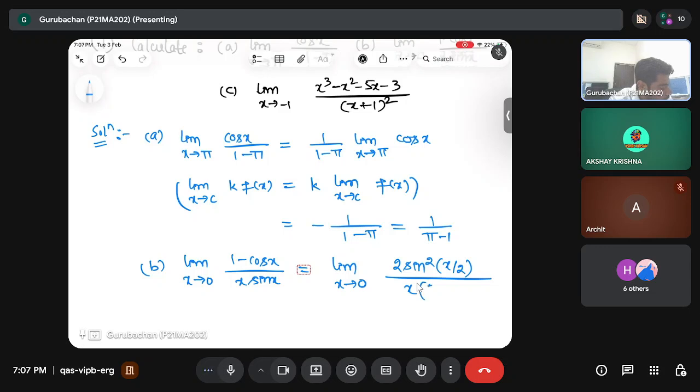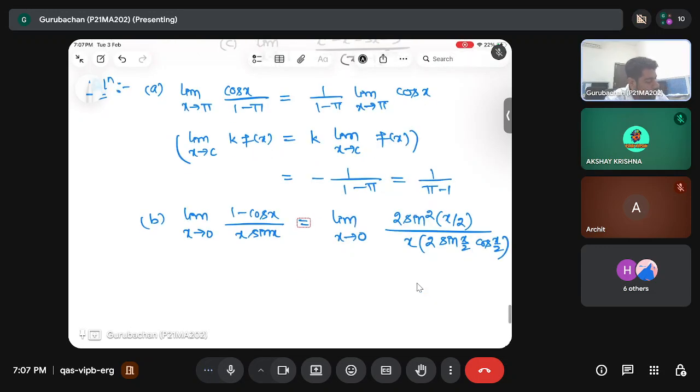So it will be 2 sin x by 2 cos x by 2. So from here the 2 cancels out, and one sin x by 2 will cancel out. So it will be sin x by 2 divided by x into cos x by 2, or more precisely I may write it as tan x by 2 divided by x.